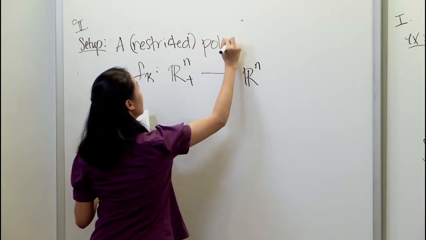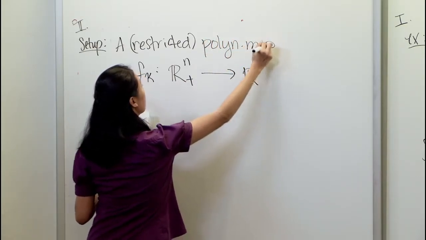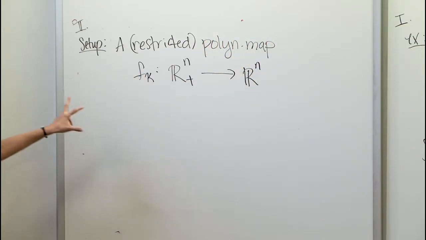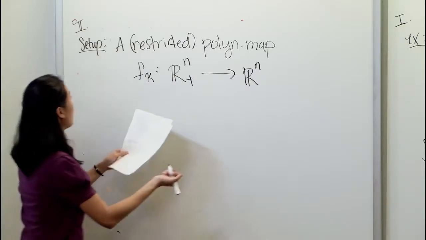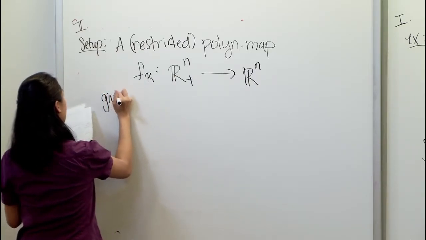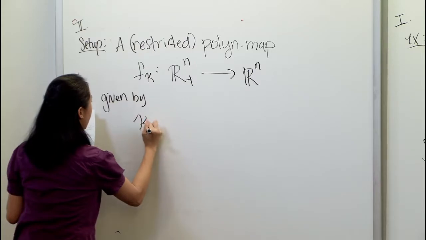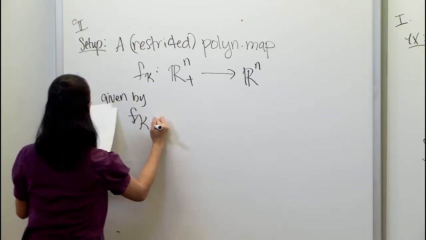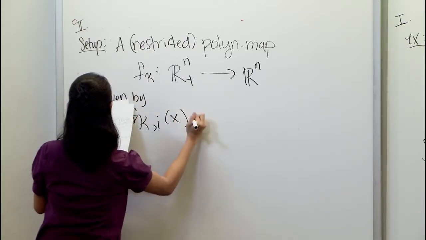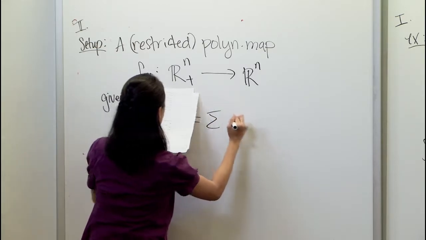So the setup is a restricted polynomial map, because I want to restrict my attention to the positive orthant because I want to ask about positive real solutions and not all solutions in general. Let's say given by f_kappa,i of x is equal to some polynomial system.